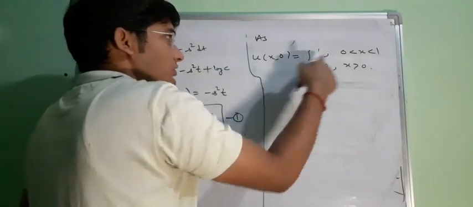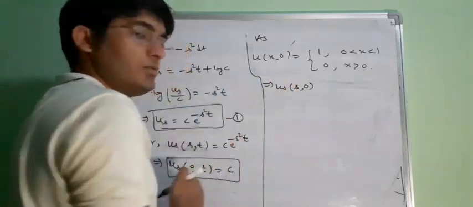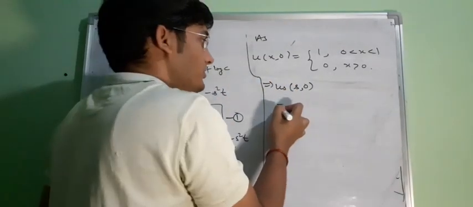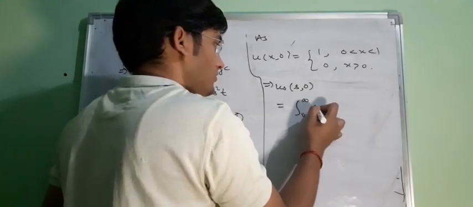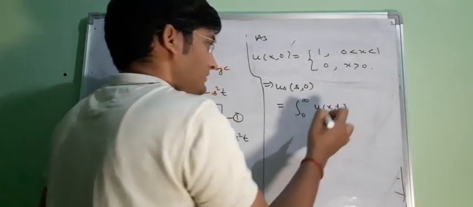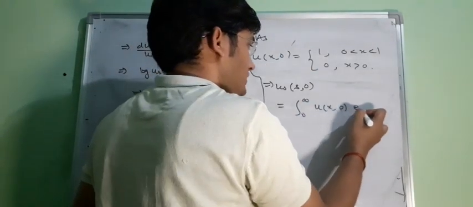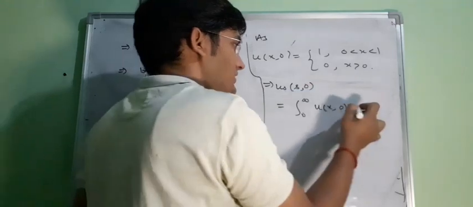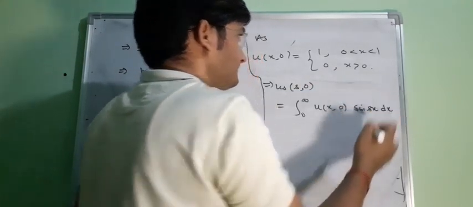As ux 0 equal to this one, so its Fourier sine transformation will be us 0. Now use the definition of the Fourier sine transformation, which is equal to integral 0 to infinity, the function, and now t is 0, and as we are taking the Fourier sine transformation, we will get sine sx dx.